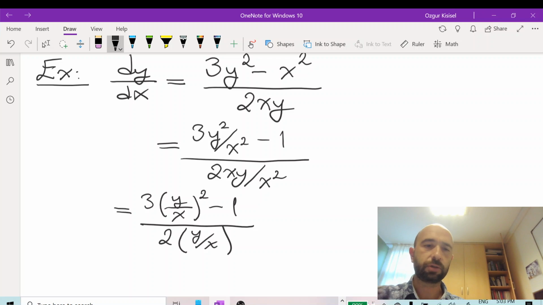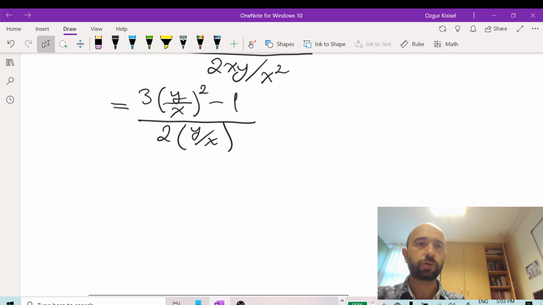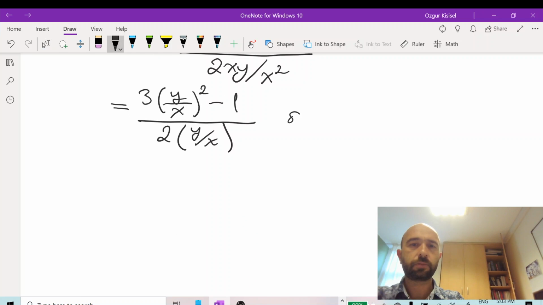So now everything on the right is a function of y over x, so that's good. So the equation is homogeneous, right?